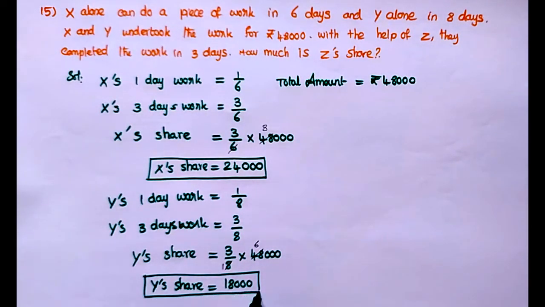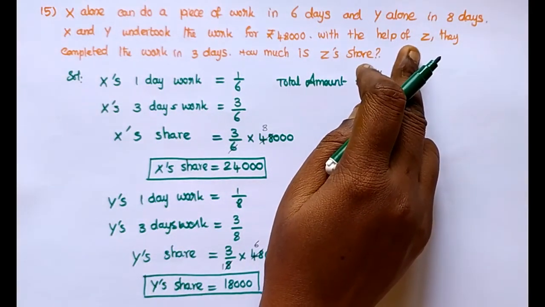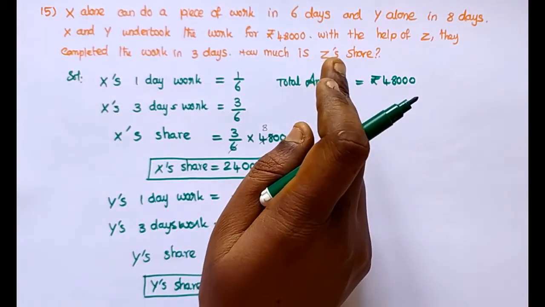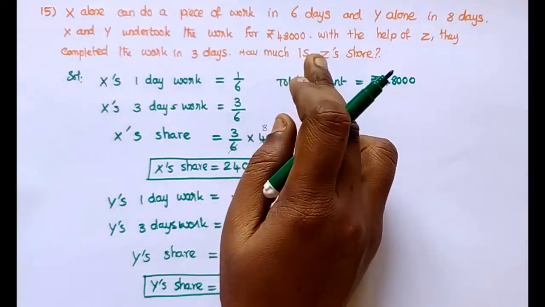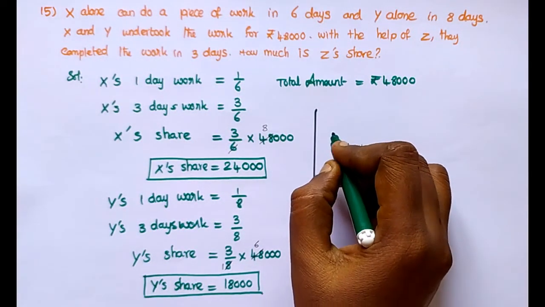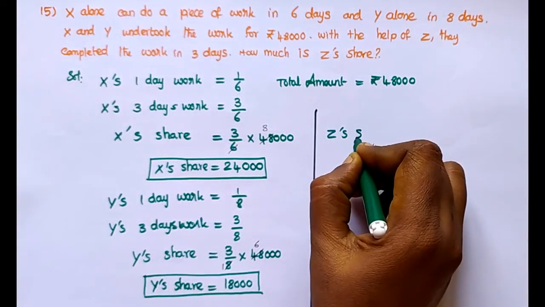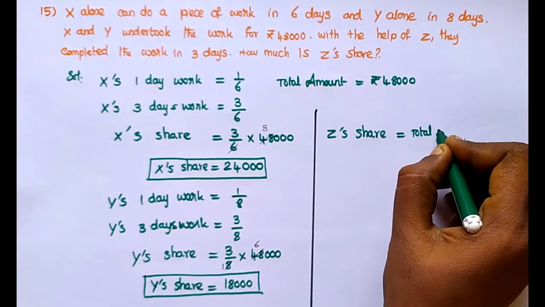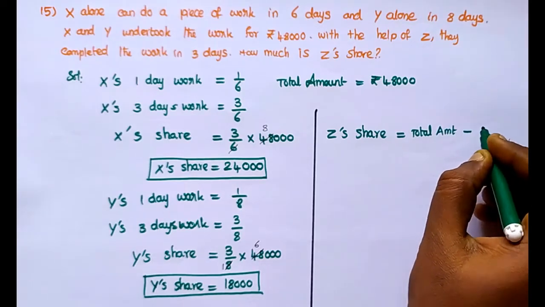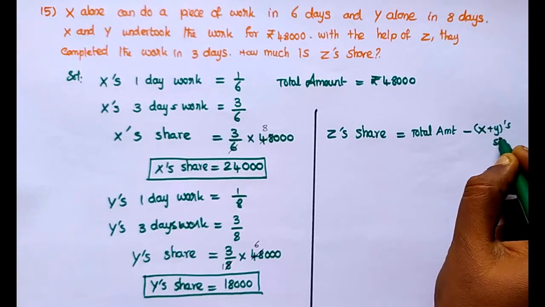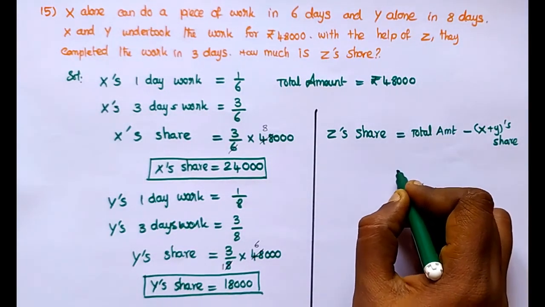Now what do they ask? With the help of Z, they completed the work in 3 days. So Z helped in completing the work. Now we have to find out Z's share. Z's share equals total amount minus X plus Y shares. Right?